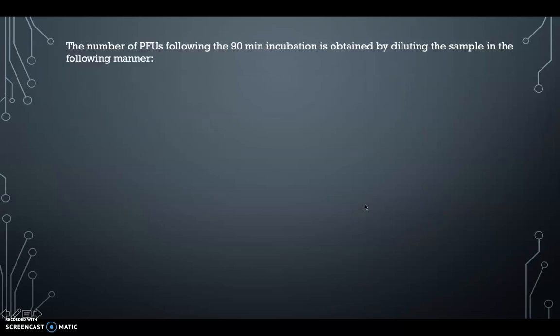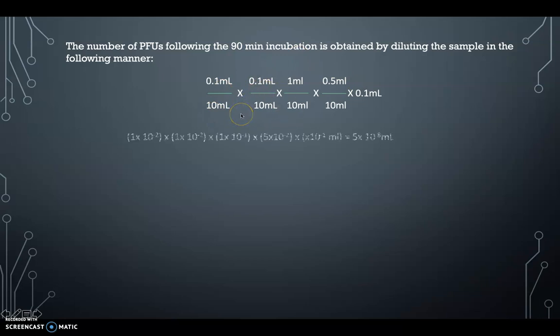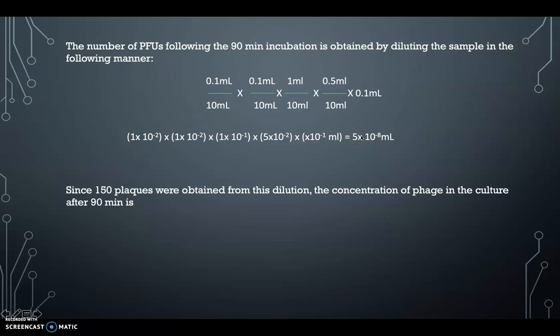Then after the 90 minutes of incubation, we dilute the sample in this manner. It is represented in this equation as 1 × 10^-2, and here also 1 × 10^-2, and here 10^-1, and here 5 × 10^-2, and finally the plating volume, sorry, one is missing: 1 × 10^-1 ml. That equals 5 × 10^-8 ml.